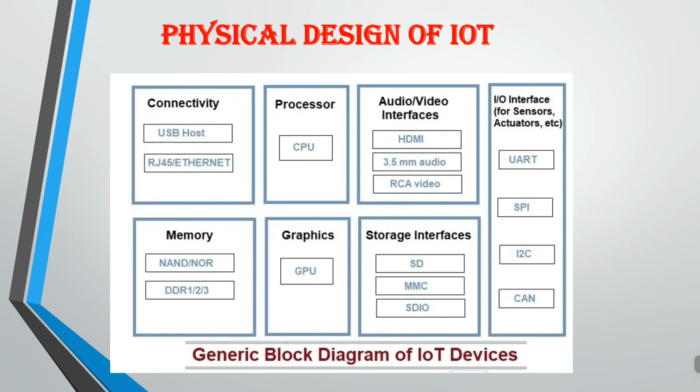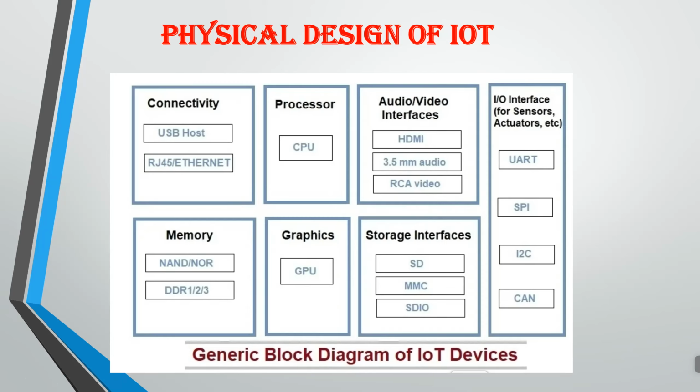Now let's look into the generic block diagram of IoT devices. So how can we think of IoT devices? IoT devices basically contain a processor. It's the heart of it.